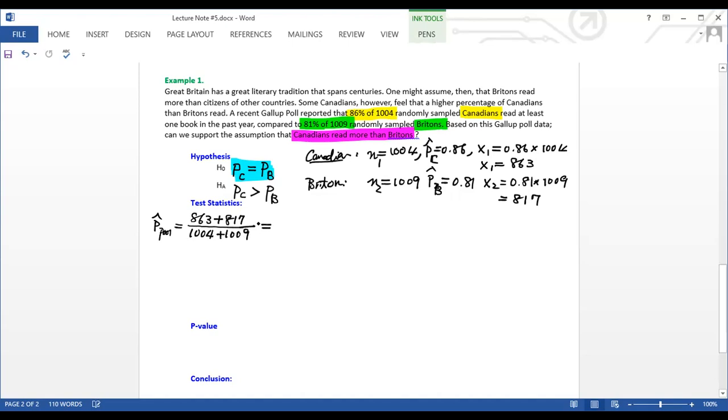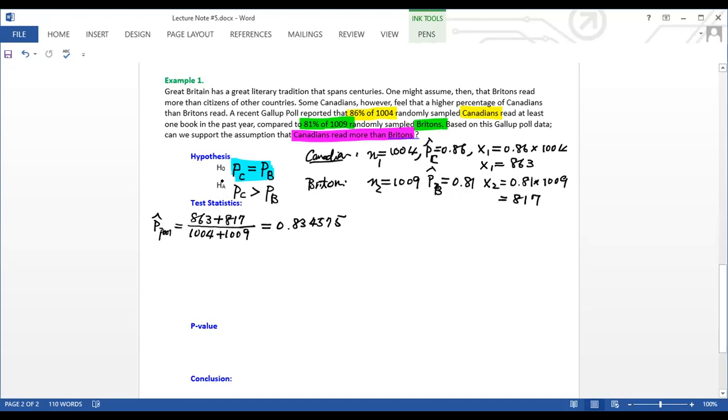Let's calculate: 863 plus 817 divided by 1004 plus 1009, and you get about 0.4 3 4575, something like that.